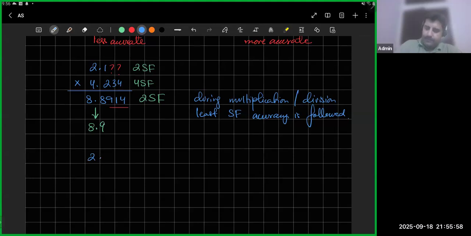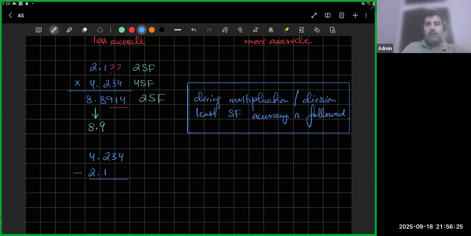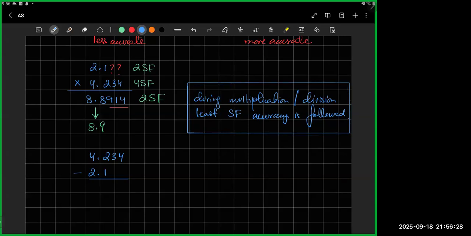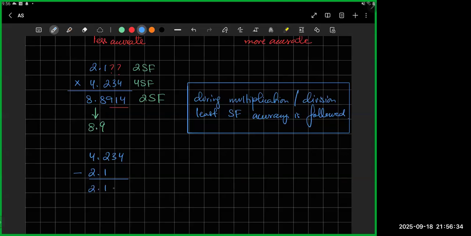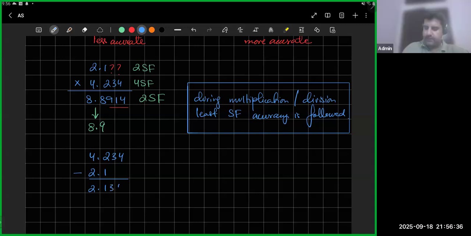So I've got, बड़े को छोटे से subtract करते हैं, I've got 4.234 and I'm subtracting 2.1 from it. मुझे बताओ calculator में what do you get? 2.134, right? अच्छा, yes.